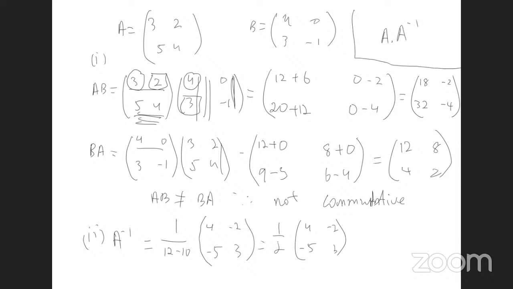Multiply A by A inverse. What is the answer supposed to be? I gave it to you already. A by A inverse. Anybody online? When you multiply A by A inverse, what did you get?